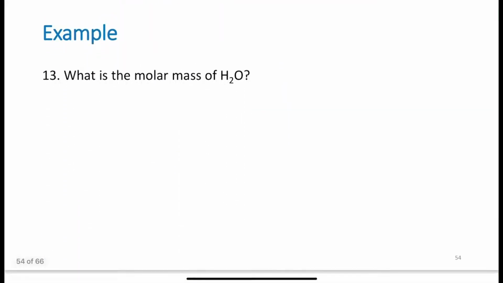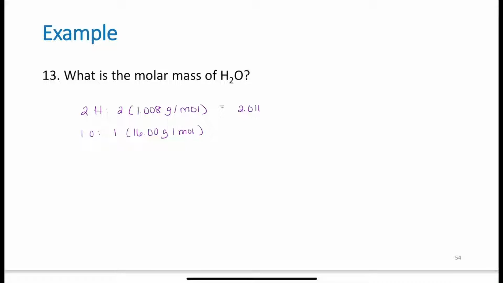What about the molar mass of water? It's also known as dihydrogen monoxide, so that's what's written in your notes. Again, we're going to learn naming in the very next chapter, but it's always good to expose you to it now. Looking at this, I've got 2 hydrogens, 2 times 1.008 grams per mole, 1 oxygen, 1 times 16 grams per mole.